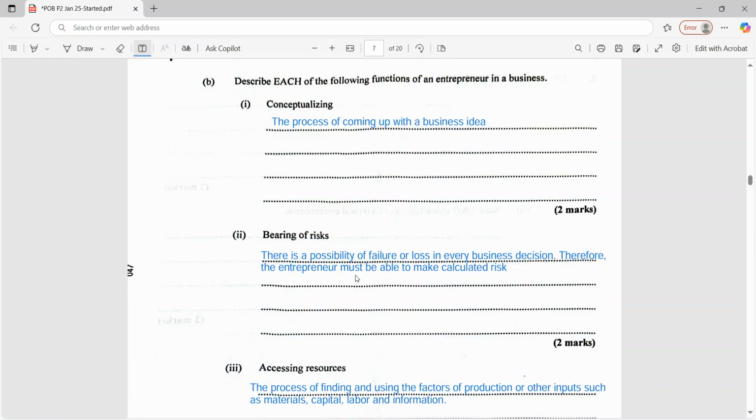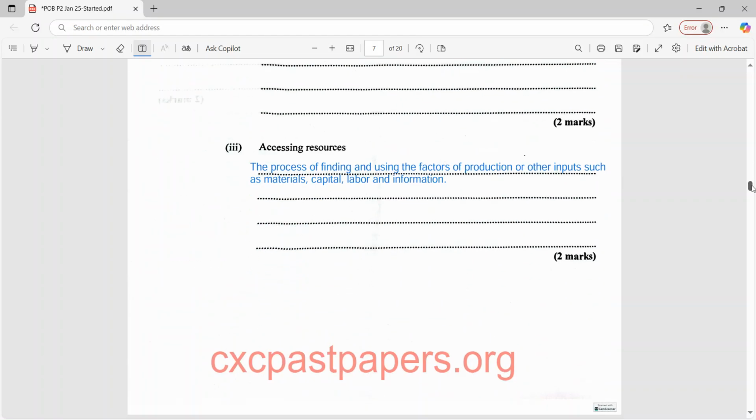Therefore, whatever decision you're going to make, you need to ensure that you calculate the risk. So, what percentage or what's the chance that this business idea will fail, and what's the chance that it's going to succeed? Should I do this or should I not do this? Right. So those are the things that the entrepreneur has to think about.